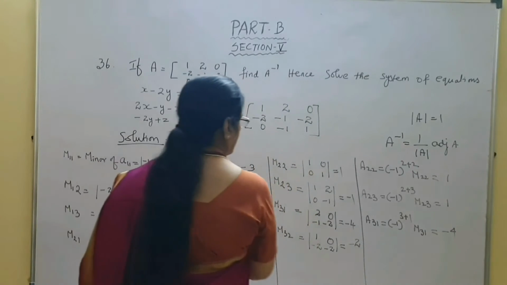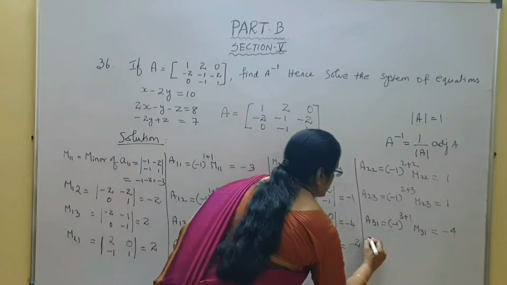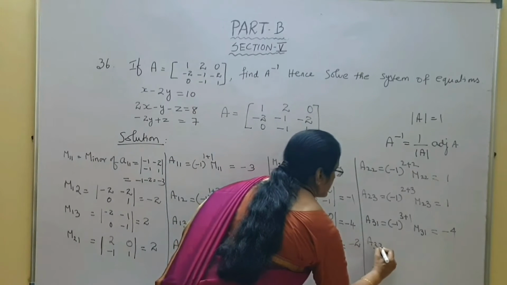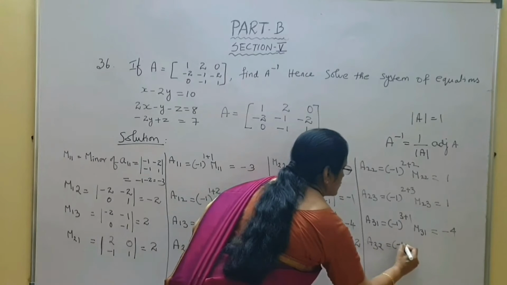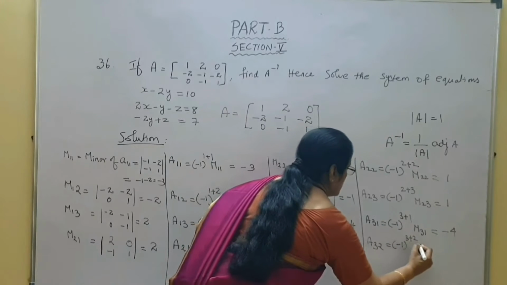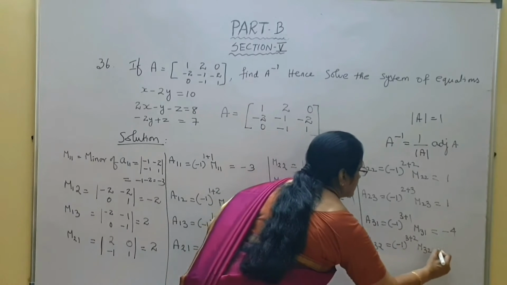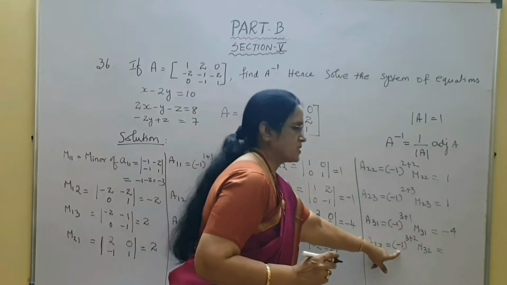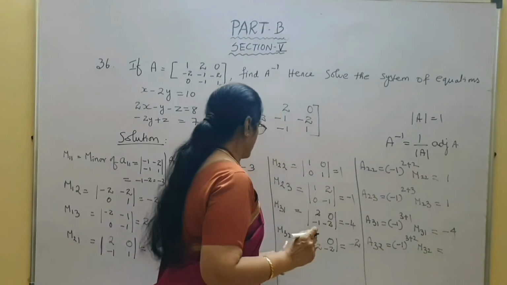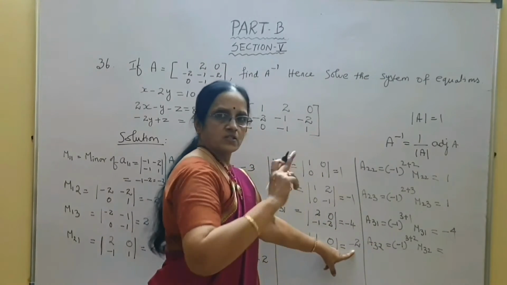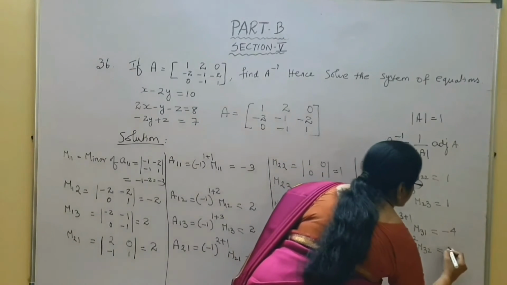The corresponding cofactor will be capital A32, minus 1 to the power 3 plus 2 into M32. Here it is minus 1 and here M32 is minus 2. So you will be getting here 2.